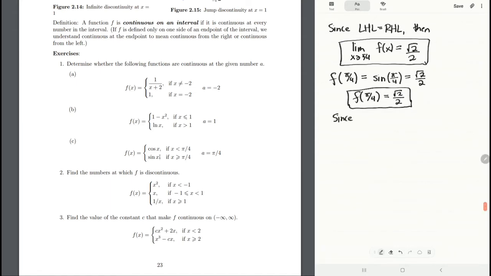So since the two-sided limit of f of x as x approaches pi over 4 is equal to f at pi over 4, then we can conclude that the function is continuous at pi over 4.